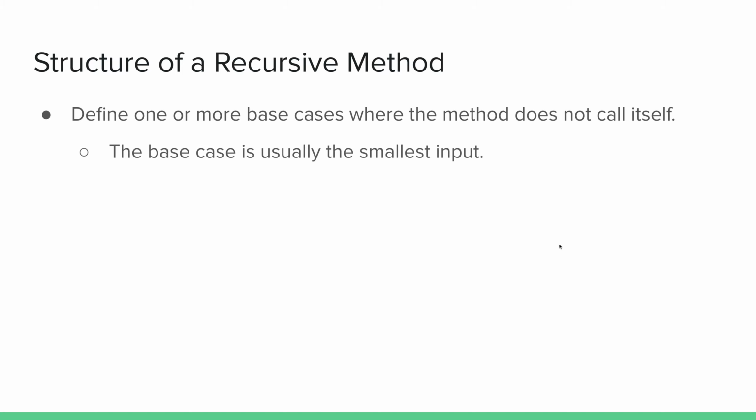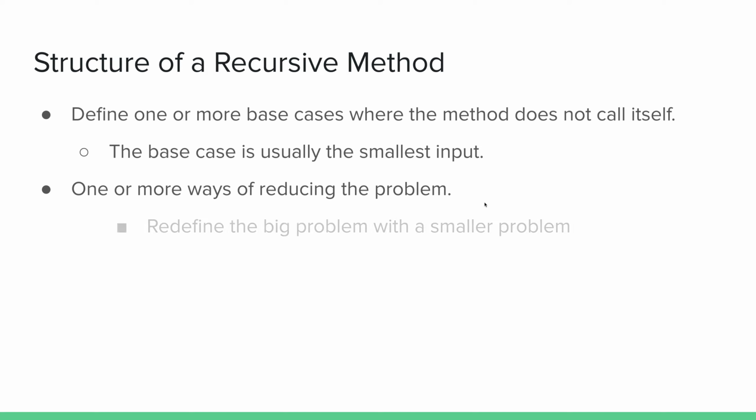The base case is usually the smallest input or inputs. The other thing you should always have is one or more ways of reducing the problem. So take the big problem, redefine it with a smaller problem.